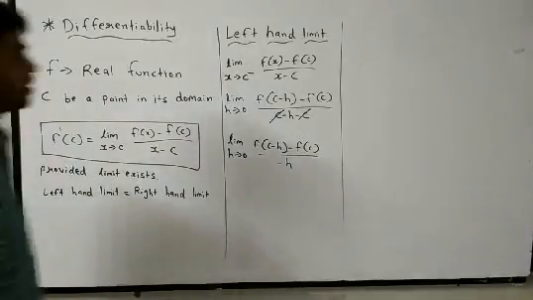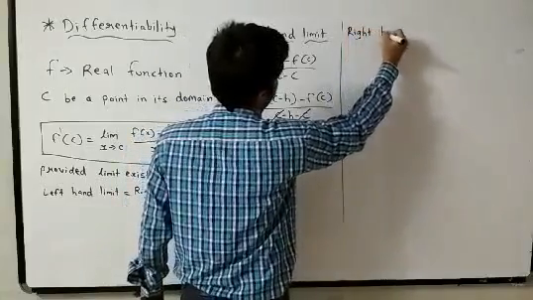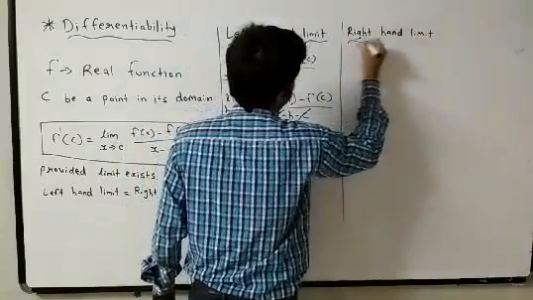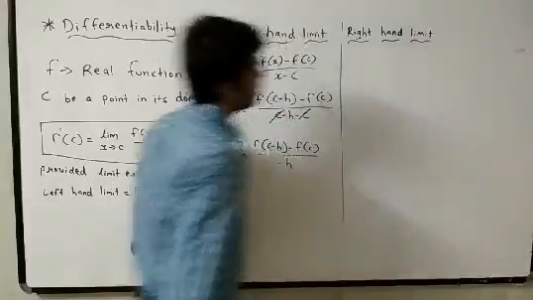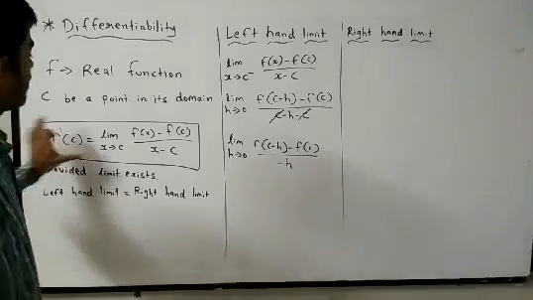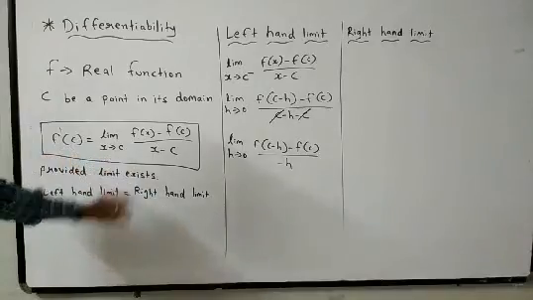Now let us move to right hand limit. Right hand limit. Now, how are you going to see that for the right hand limit? It is the same way. Let us take this f dash of c the same way, but x tends to c positive.